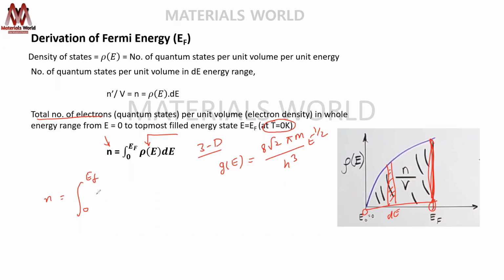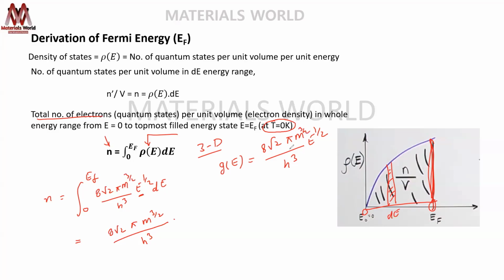So rho of E is 8 root 2 pi m by h cube, E to the power half dE, right? And now I can simply integrate it. It will become 8 root 2 pi m to the power 3 by 2 by h cube. The E to the power half will come forward and you add plus 1, n plus 1, right? So you can do that simple derivation. I think I've made a mistake.